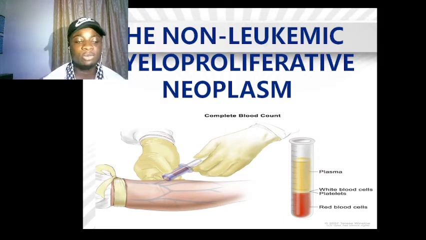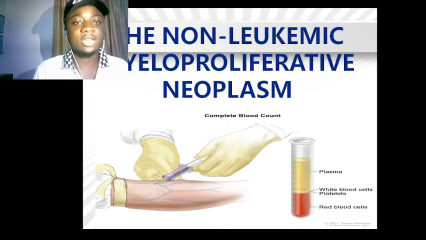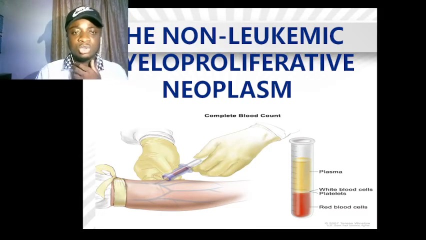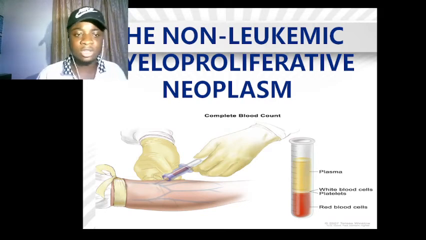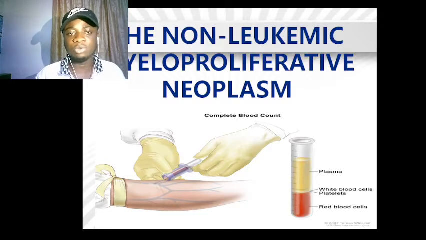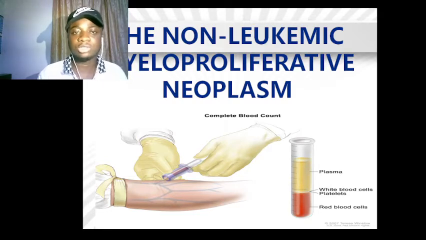Non-leukemic means that they are not a result of leukemia. At the end of the lesson you get to know some other myeloproliferative neoplasms which are not as a result of leukemia.